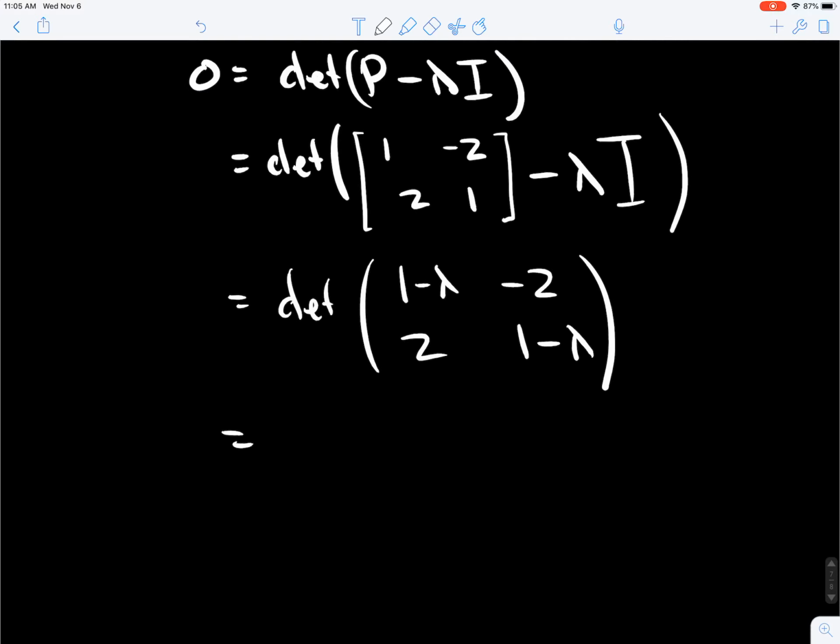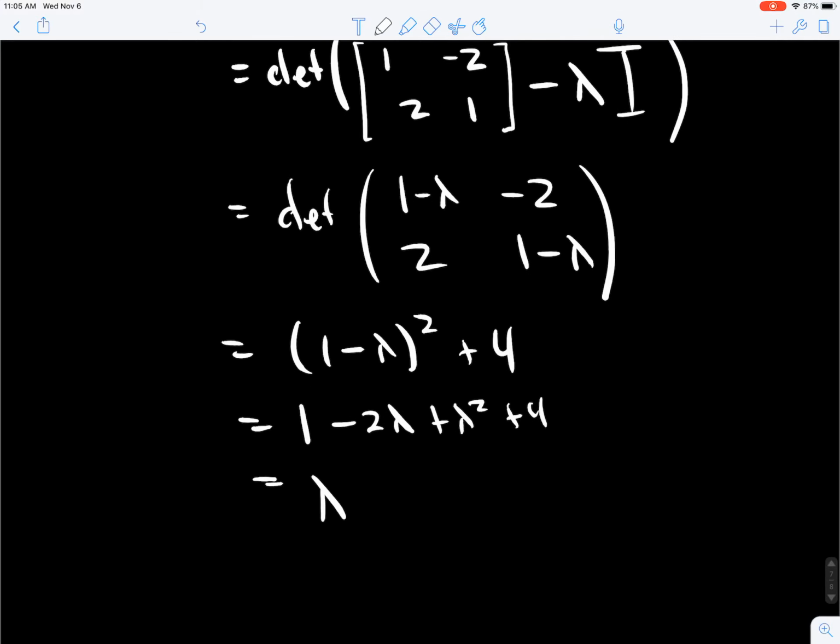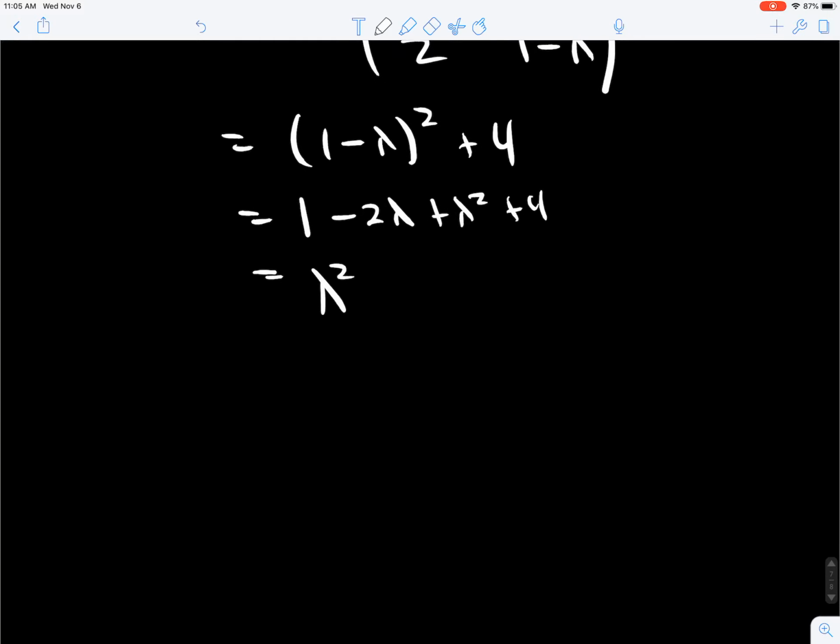Calculating the determinant, what we get is (1 minus lambda) squared plus 4. We multiply this out. We have 1 minus 2 lambda plus lambda squared plus 4. And this is going to be lambda squared minus 2 lambda plus 5.